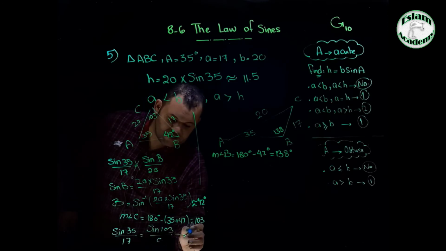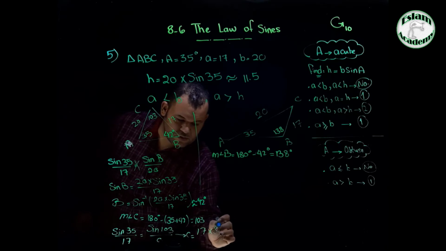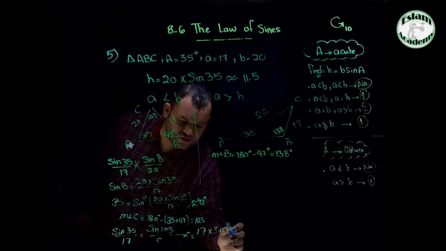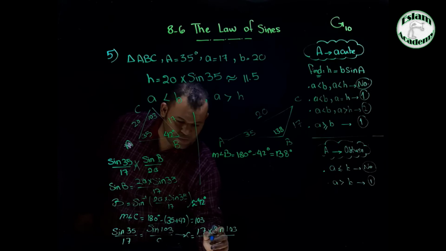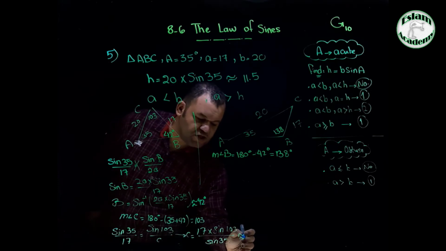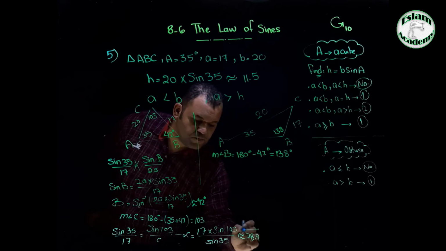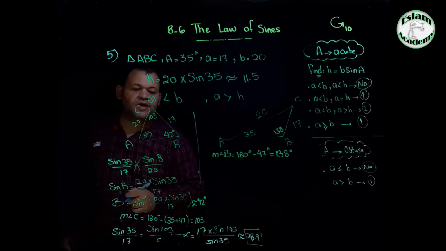So c equals 17 times sine 103 divided by sine 35. By using the calculator, the value of c is 28.9. That's for triangle number 1.